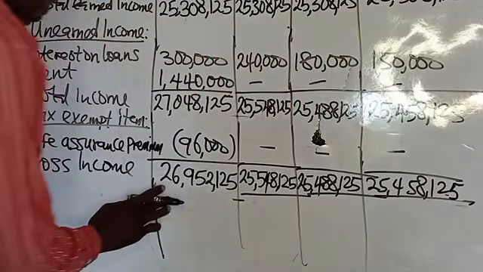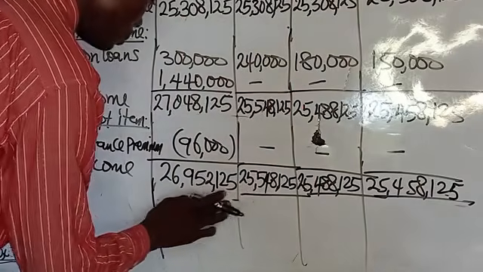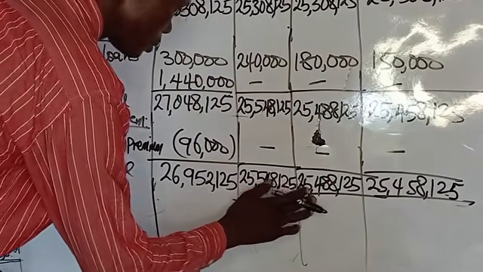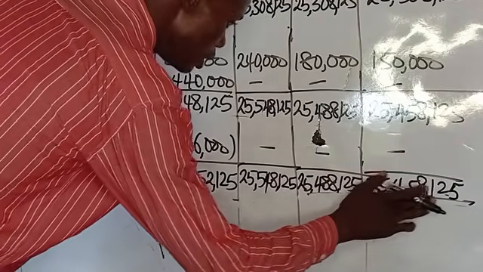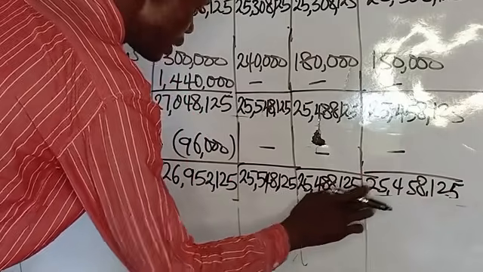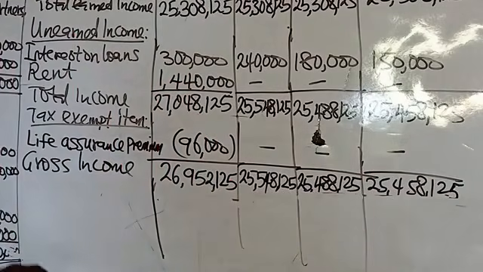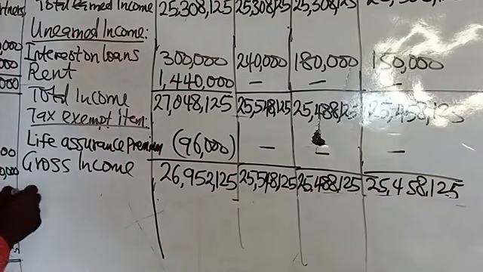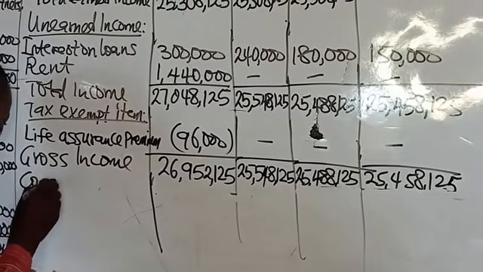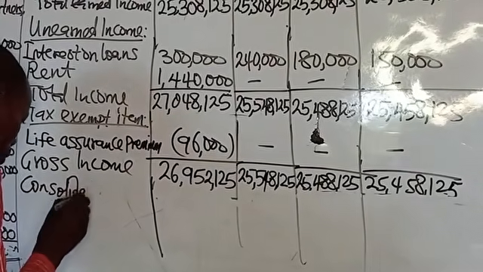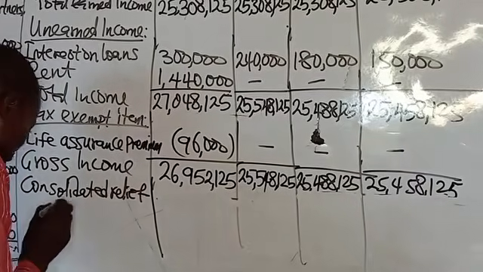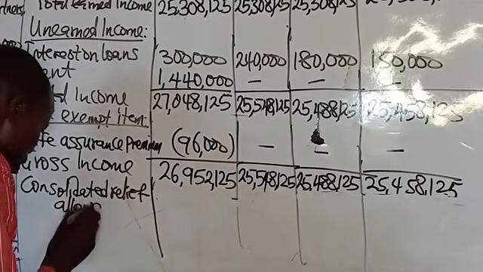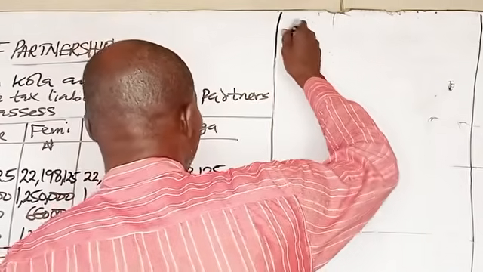Now, from the gross income, you deduct the consolidated relief allowance, CRA.